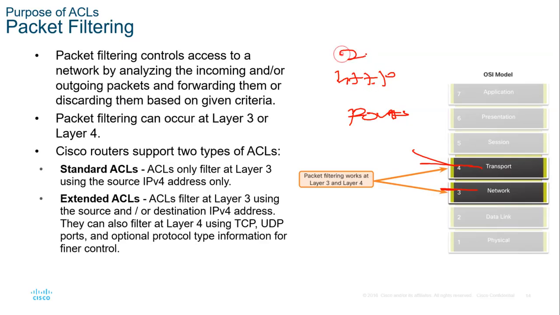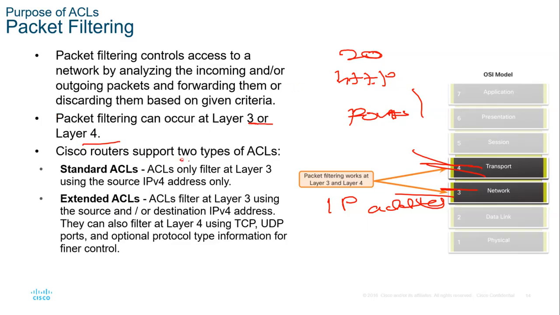But when it comes to the network layer, we expect IP addresses only. Packet filtering controls access to the network by analyzing incoming and outgoing packets and forwarding or discarding them based on the given criteria. So packet filtering can occur on those two layers, 3 and 4.